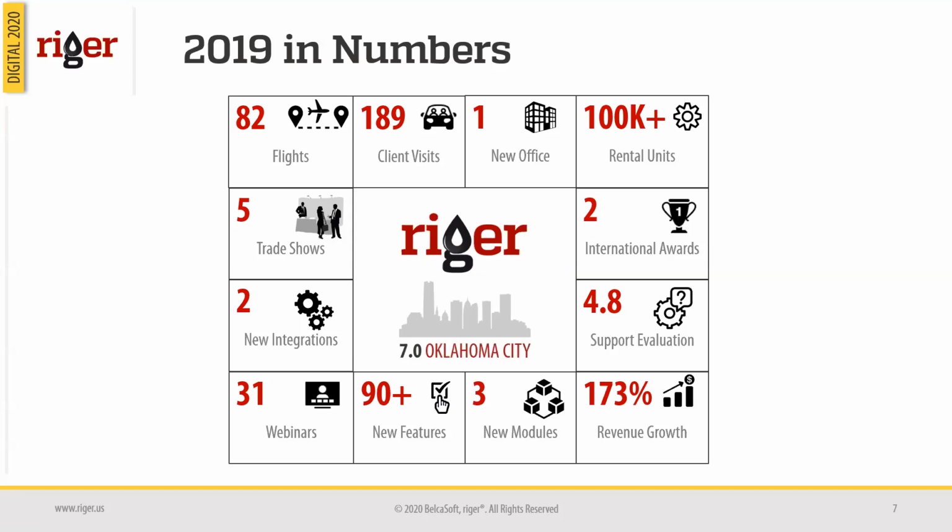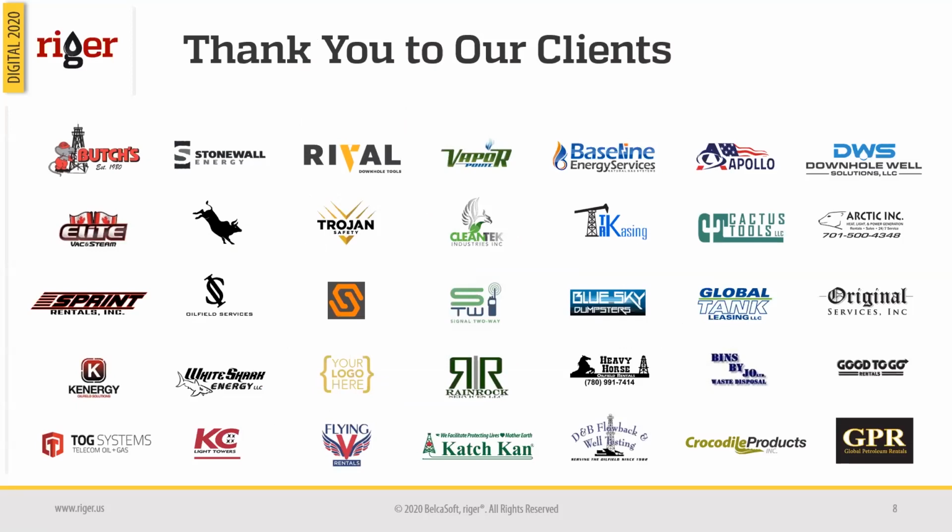Currently our users are operating on version 7.0, the Oklahoma City release of RigER, and we spend a lot of time on flights visiting our clients and their future clients, with one main office. We won a few awards and are happy to see that our clients are very satisfied with our product.